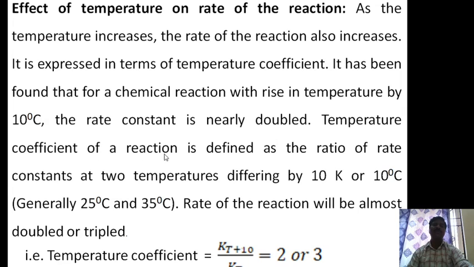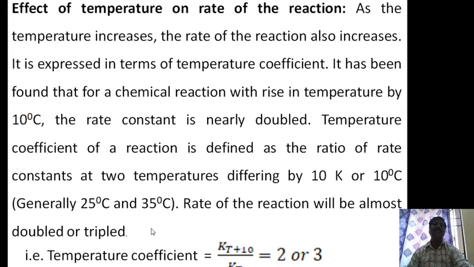Therefore, the temperature coefficient of the reaction is defined as the ratio of rate constants at two different temperatures differing by 10 degrees Kelvin or 10 degrees Celsius, generally 25 degrees Celsius and 35 degrees Celsius. For a difference of 10 degrees Celsius, the rate of the reaction will be almost double or triple.